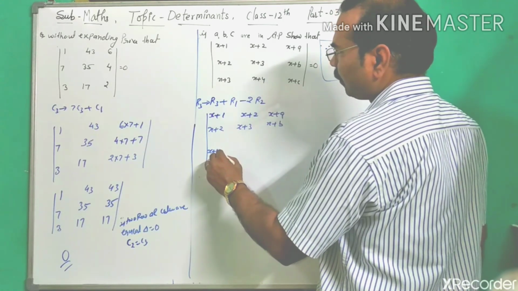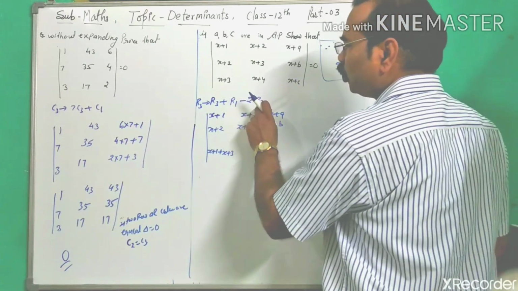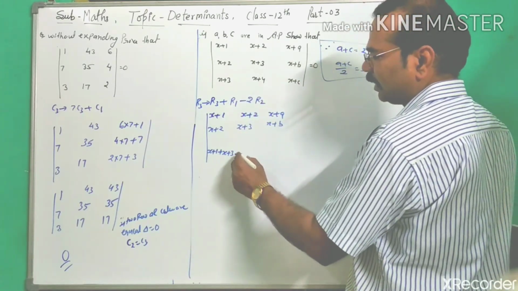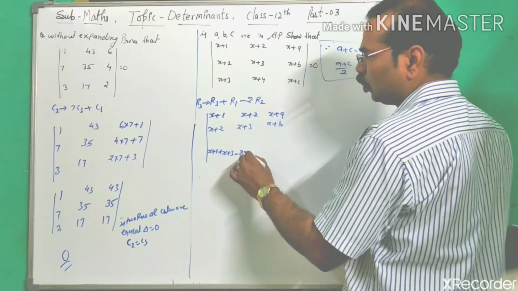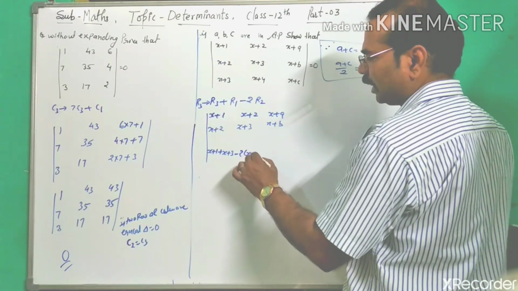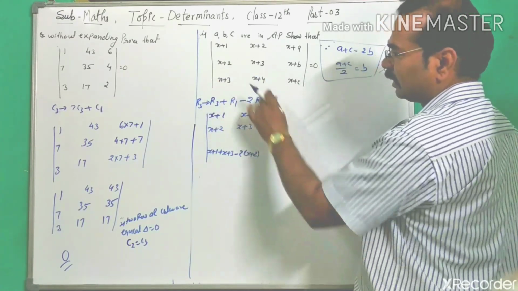Then R3 plus R1 means x plus 1, x plus 3, minus 2 R2, the value is 2 x plus 2, again x plus 4.